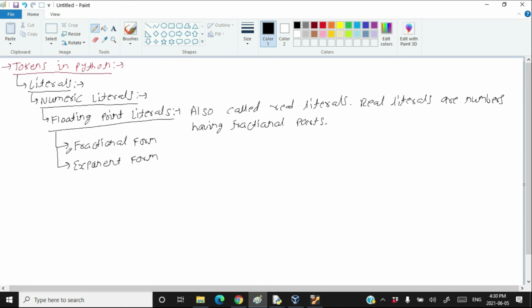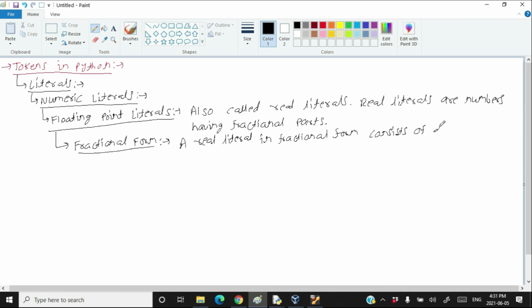Let's first see the fractional form of floating point literals. A real literal in fractional form consists of numeric digits including a decimal point between digits.